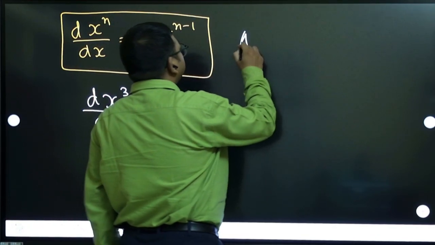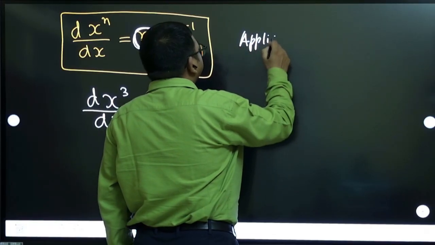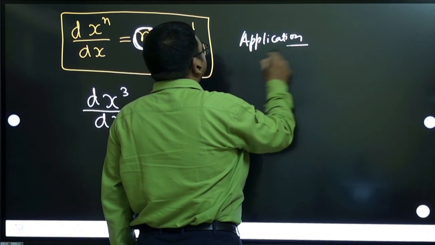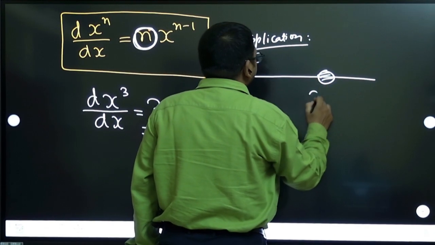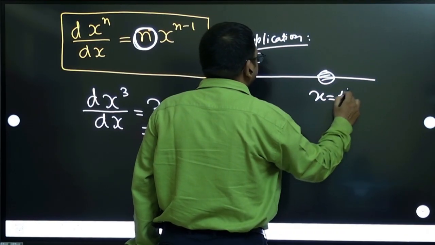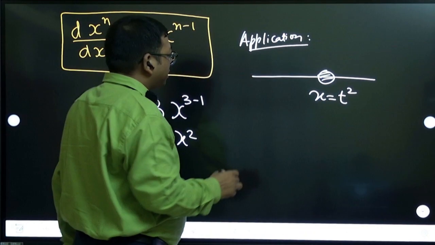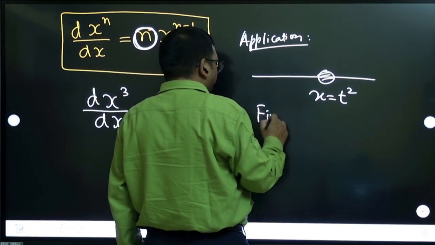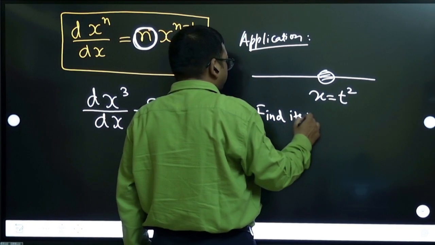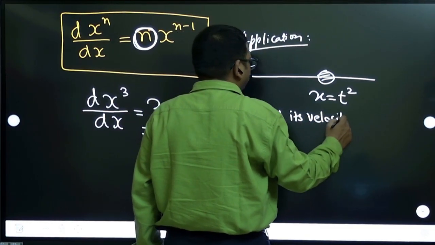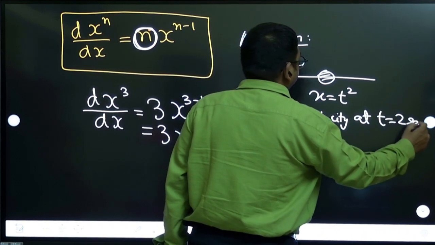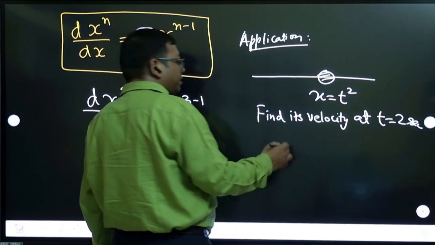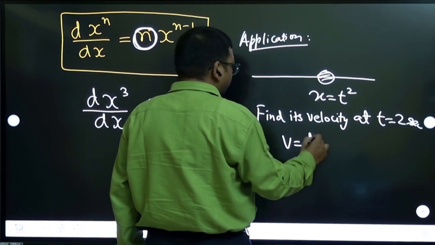Let us see its application here. What is the application in kinematics? For example, if a body is moving and its position is changing with time as t square, and they ask you to find its velocity at time 2 seconds. Velocity means instantaneous velocity, which is dx by dt.